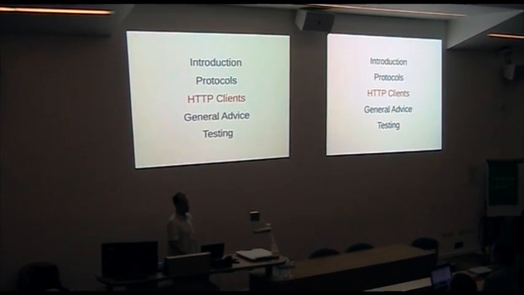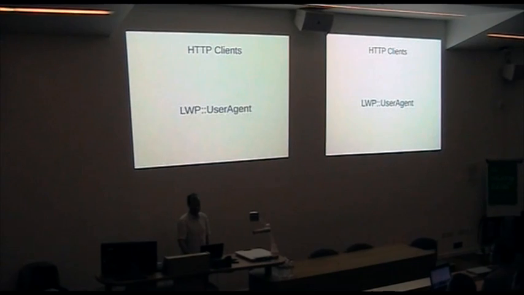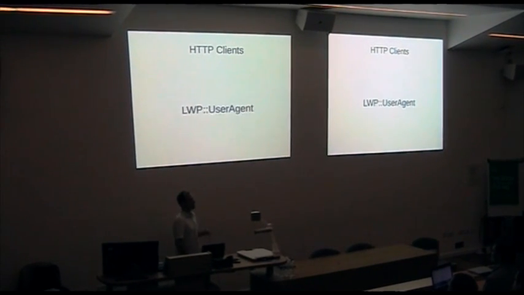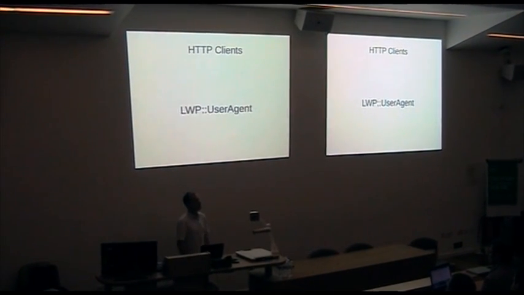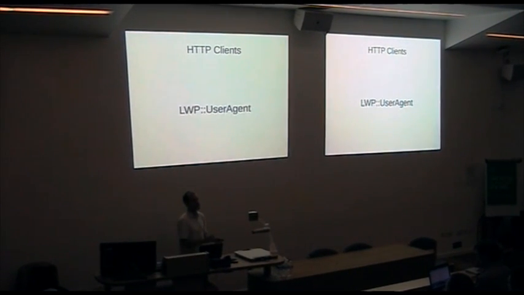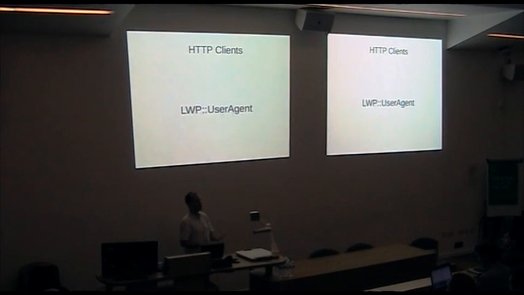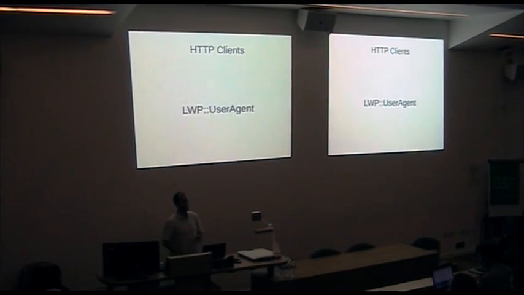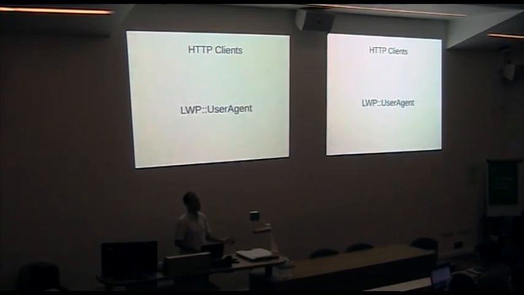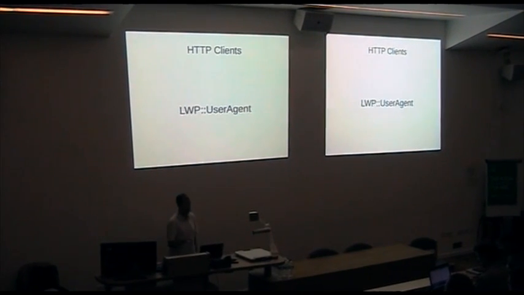So let's talk a bit about Perl's HTTP clients. I've already mentioned LWP User Agent, which is probably the most popular thing people use for speaking HTTP in Perl. It's been around forever, pretty much. Nearly 20 years. LWP was around about the same time as Perl 5. Perl 4 did have a previous implementation, which was quite different. So LWP that we use today was a rewrite for Perl 5.